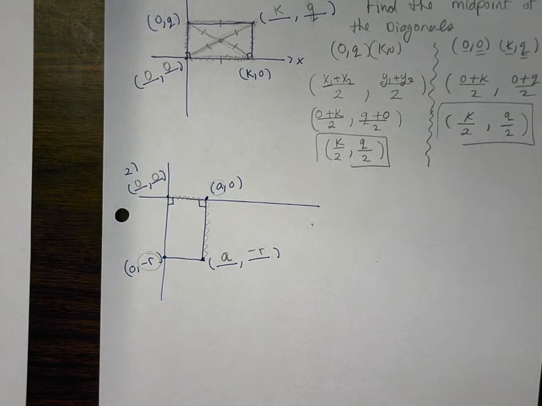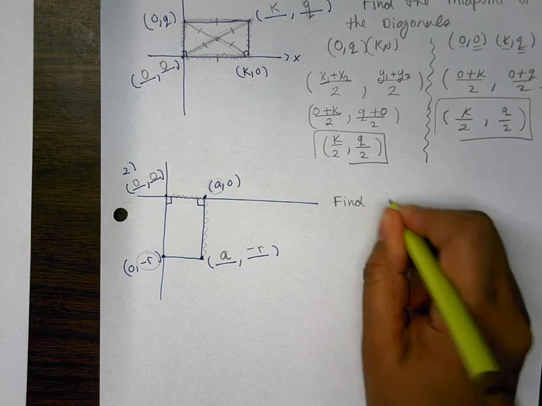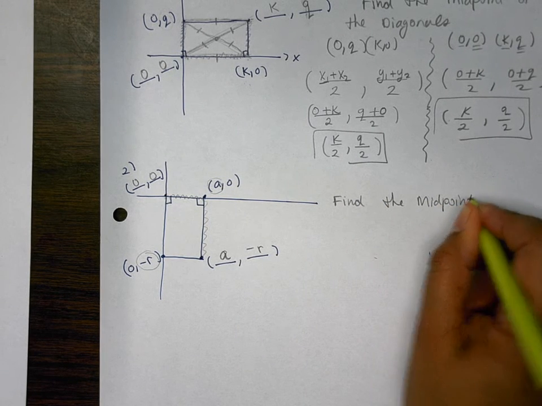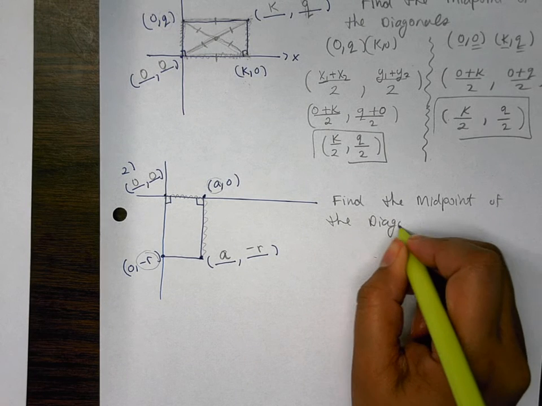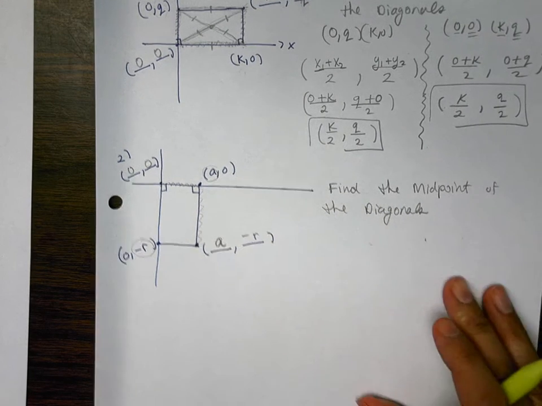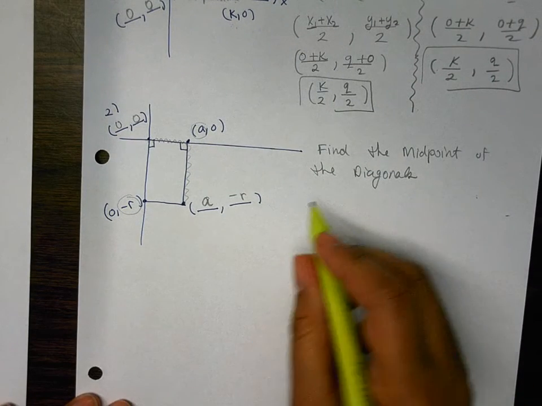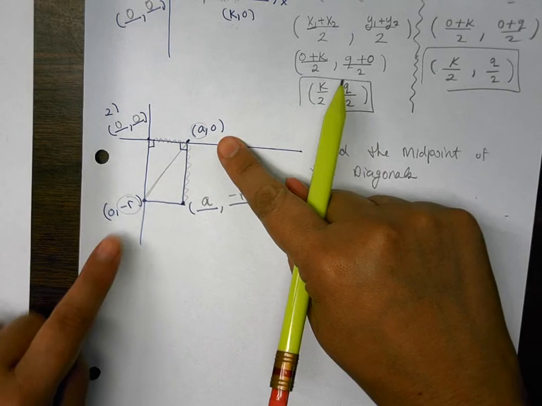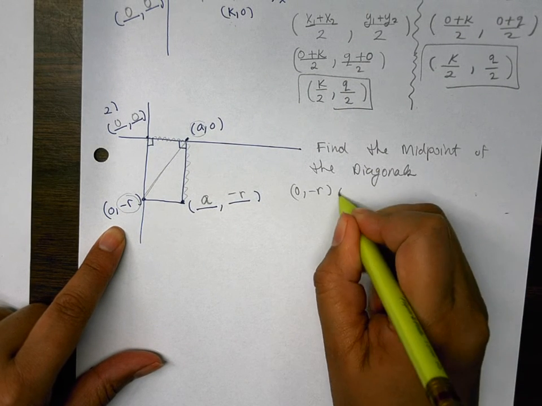All right, let's find the midpoint of the diagonals. Let's go this way first. So these are the two ordered pairs I'm going to use. 0, negative R, and A, 0.